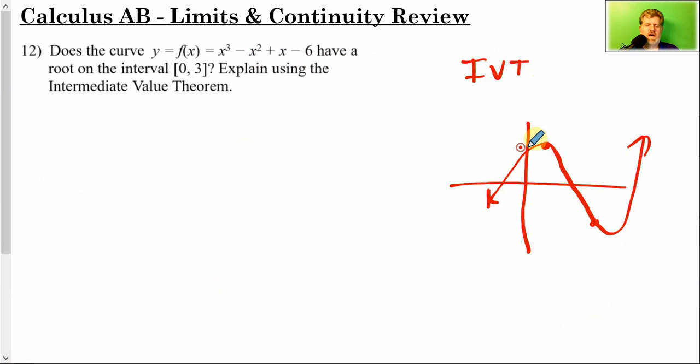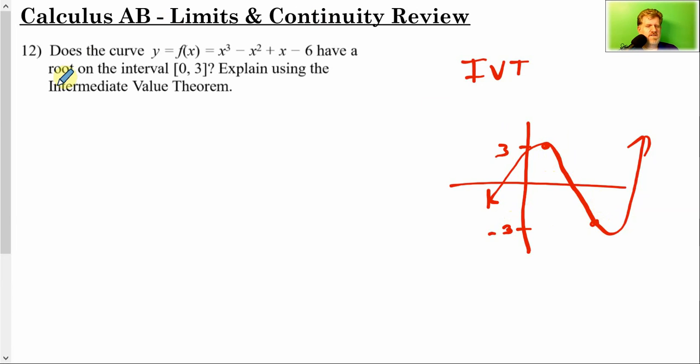So if I have a positive value and a negative value, that means at some point this graph has to hit every point that's between this and this. So say this is 3 and this is negative 3. Let's just say that. So to go from 3 to negative 3, I have to hit every point between 3 and negative 3.